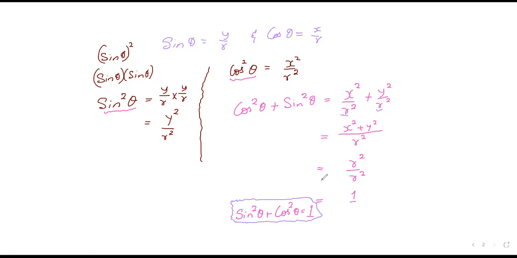That's identity number 2 there. Now, what comes after this? Just the derivative of that. We said sine squared A plus cos squared A is equal to 1.